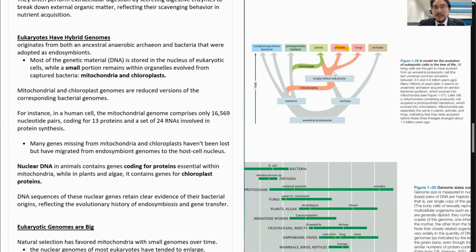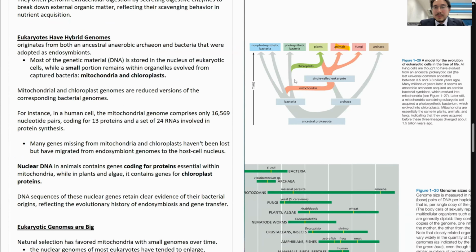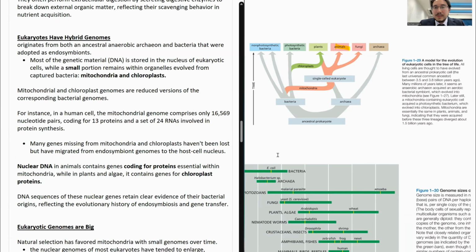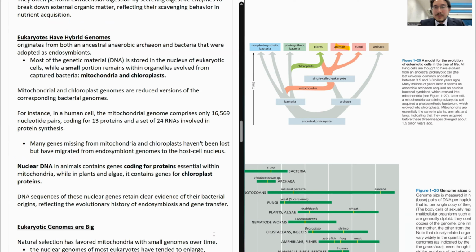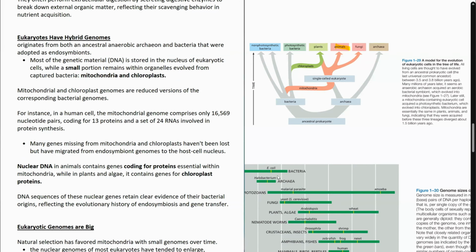All right. So this little diagram is essentially a model of how the evolution of eukaryotic cells came about, where you have this endosymbiotic theory, which would merge mitochondria to produce a single-celled eukaryote over time.